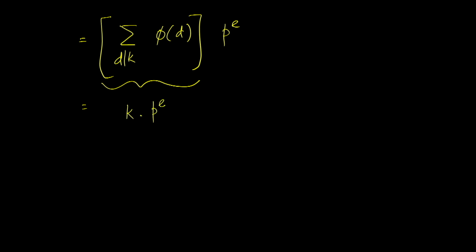Then we have the sum reducing to k into p power e, which is nothing but n, and that is what we seek to prove. So, the case for p power e is the basis, and inductively here we apply the hypothesis that this sum evaluates to k, therefore, the induction holds. So, inductively we prove the statement.